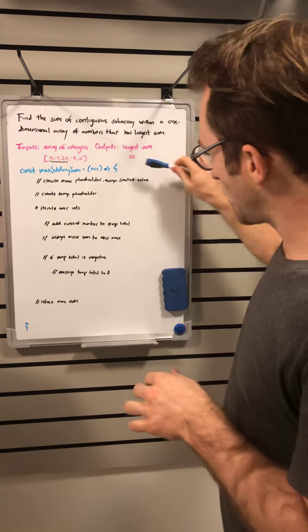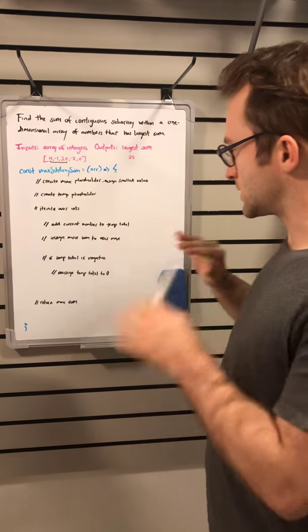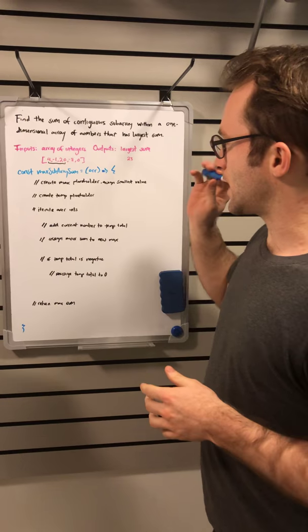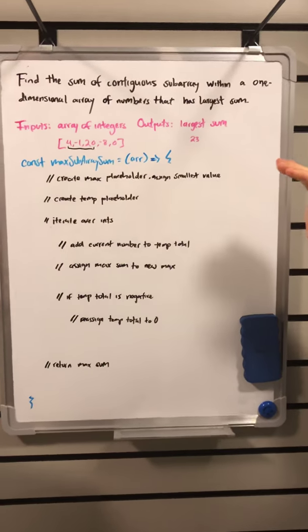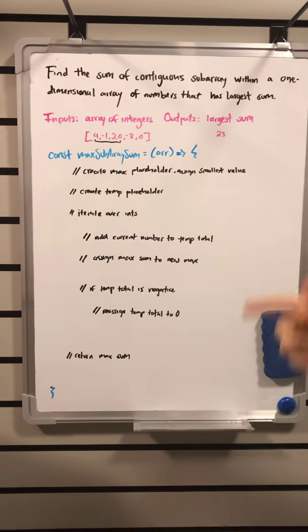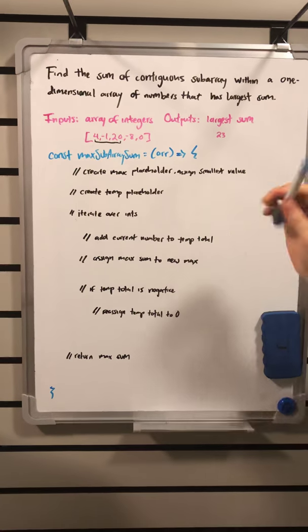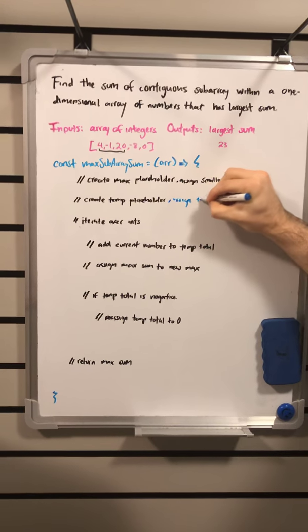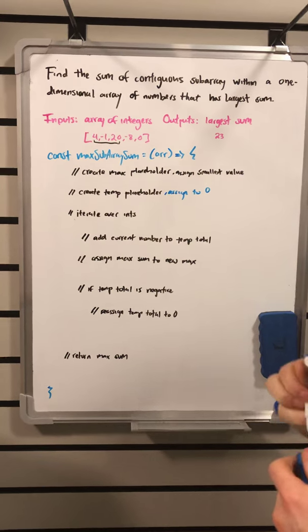So let me walk through the actual pseudocode so that we can see what we're doing here. The first thing we want to do is create a max placeholder variable, and assign it to be the smallest possible value. And you'll see why in a second. Then we're going to create a temp placeholder and assign it to 0. That's going to be our temporary total.